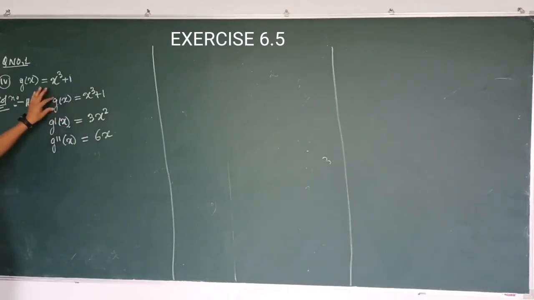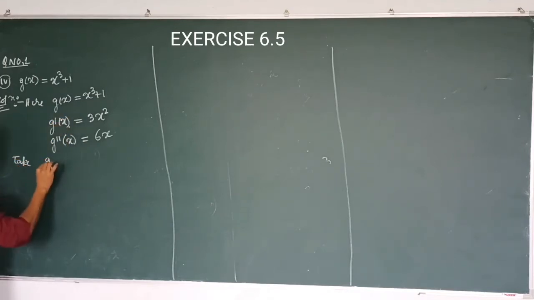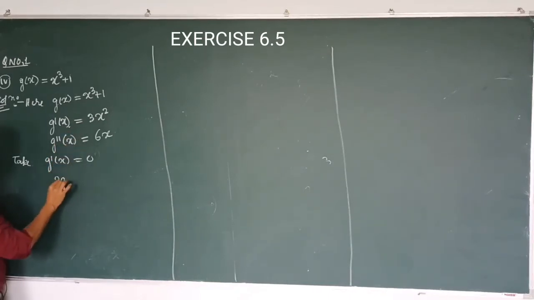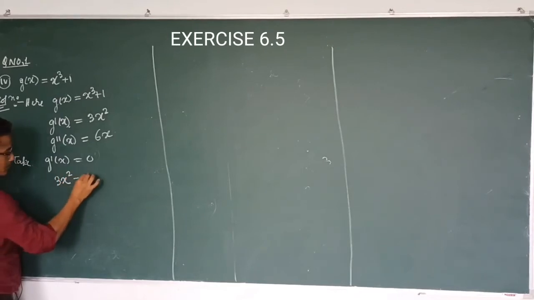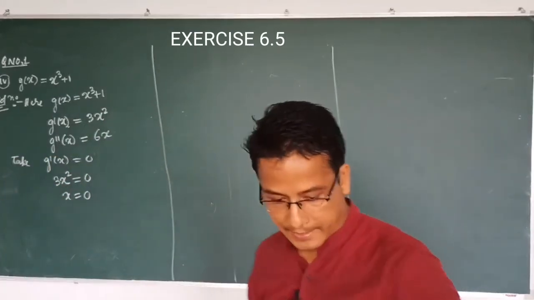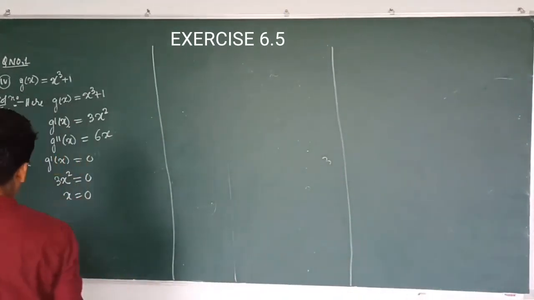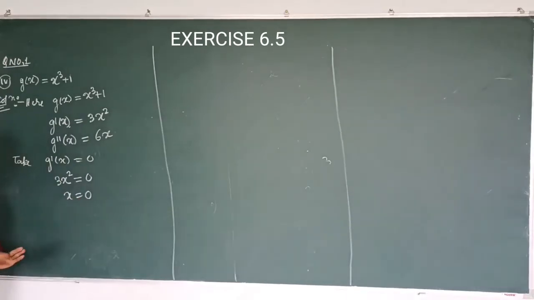So we take the function, the first order derivative, the second order derivative. For maxima and minima we take g dash x equal to 0. With the help of this we are going to find the critical point. So x is equal to 0. So x equal to 0 is our critical point.